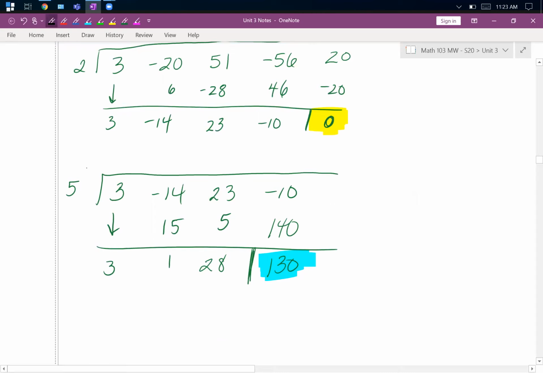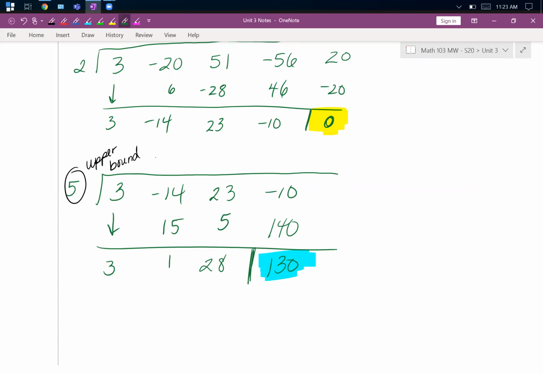That means that 5 is an upper bound, since we have a positive number that we were dividing and then all positive numbers at the bottom. So we need to choose a number smaller than 5 next.